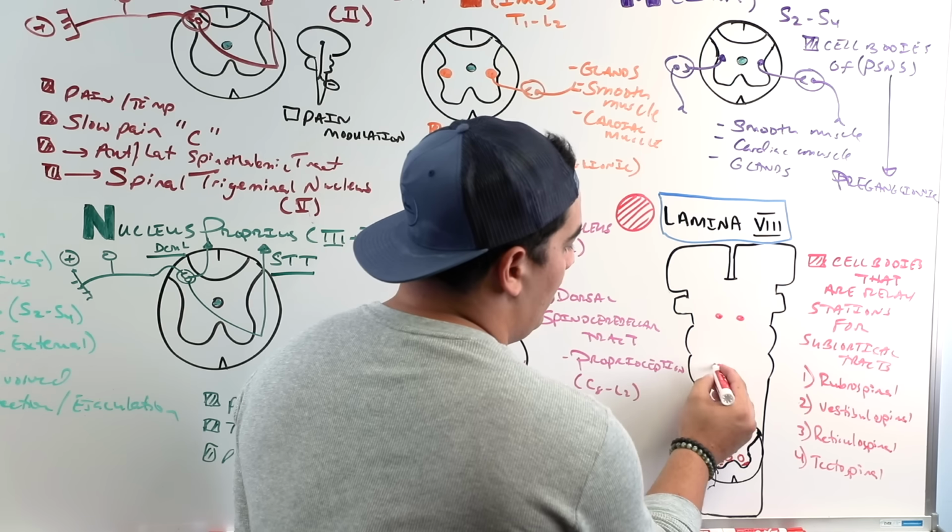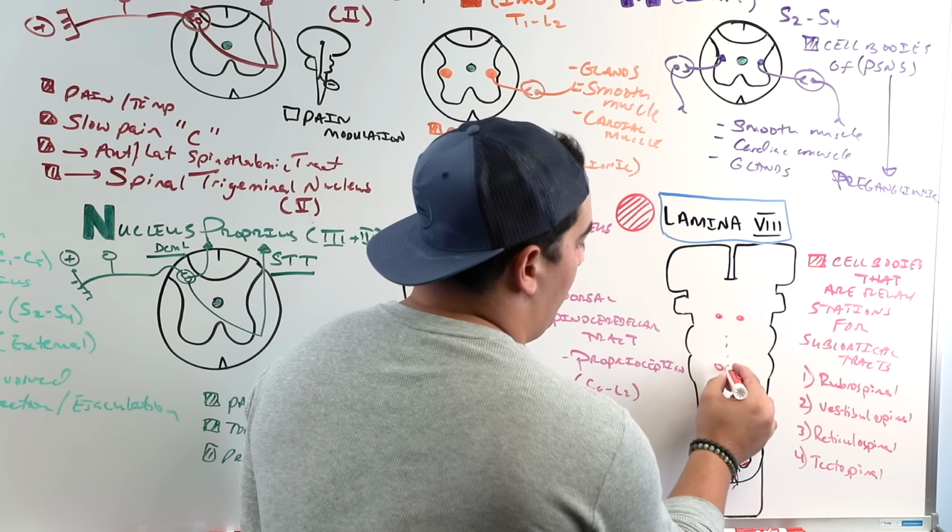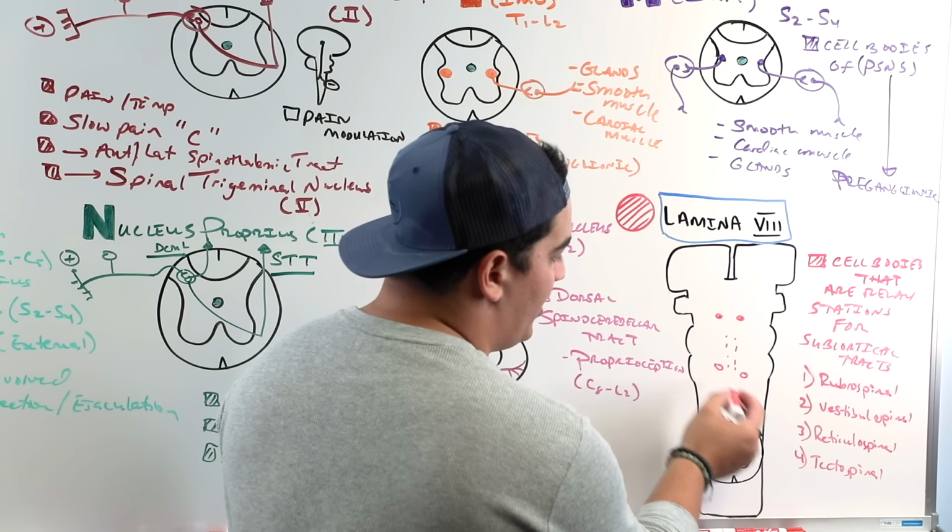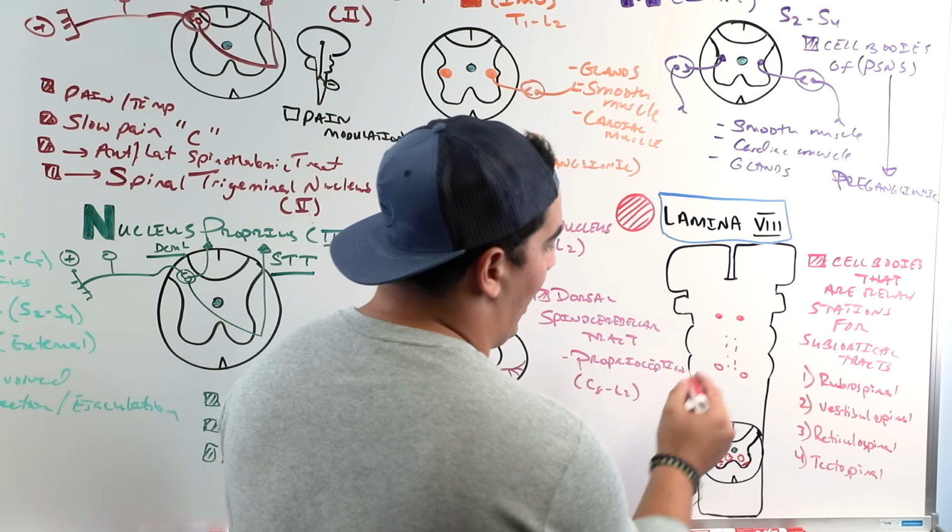Red nucleus, vestibular nucleus, pontine and medullary reticular nuclei, and the superior colliculus. All of these sons of guns were coming down here and synapsing on these structures here, on the cell bodies in lamina 8.